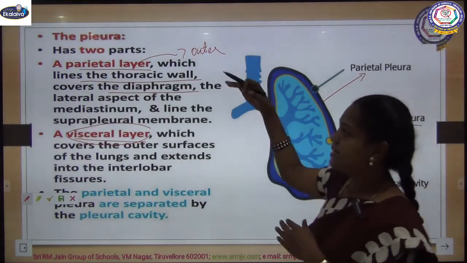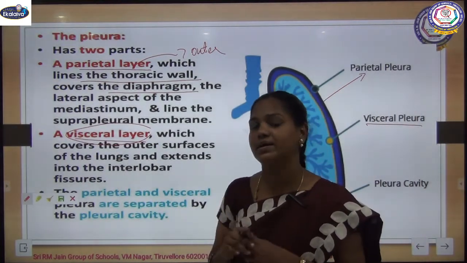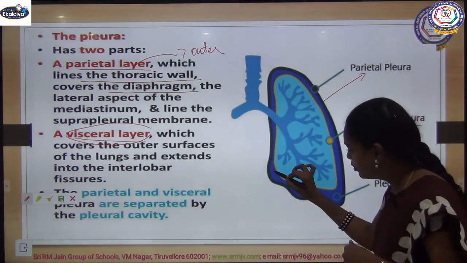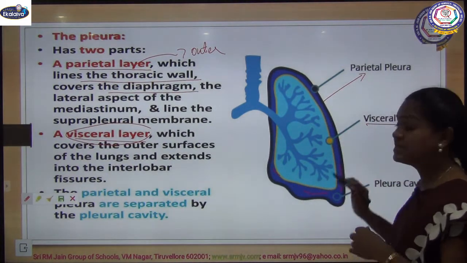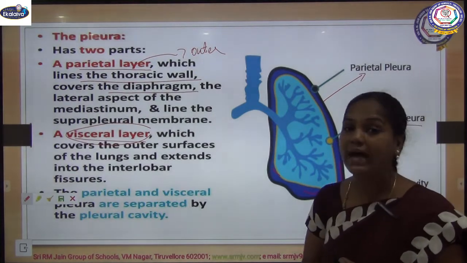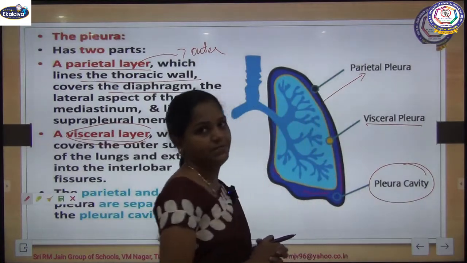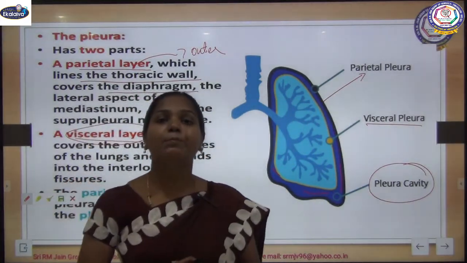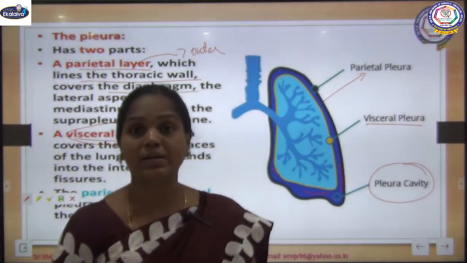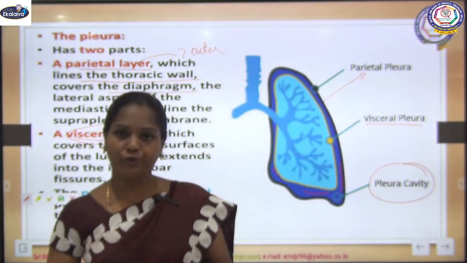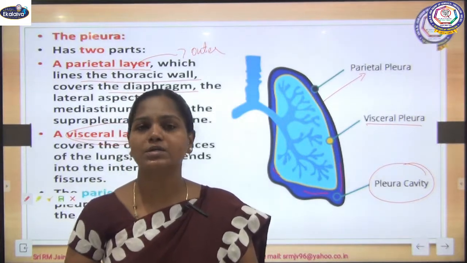These two layers, the parietal layer and the visceral layer, have a cavity in between, can you see this blue area? That cavity is called the pleural cavity, and it contains a fluid called pleural fluid. What is the importance of this fluid?